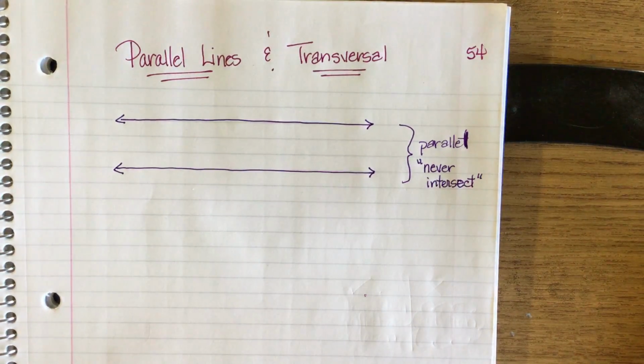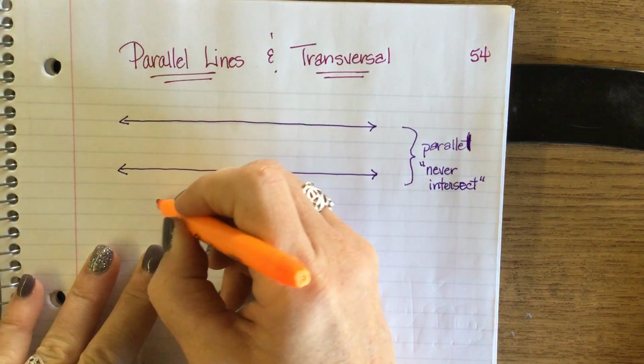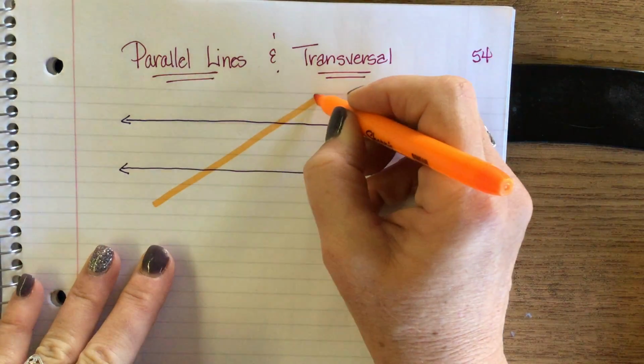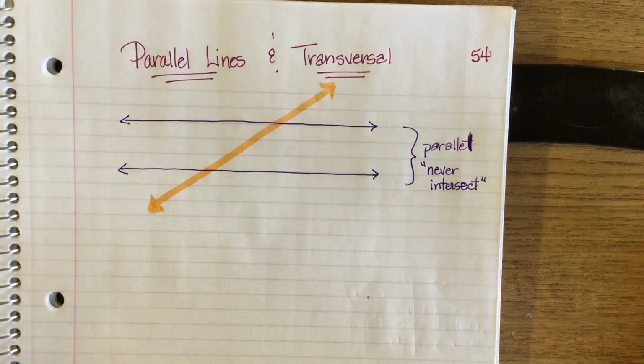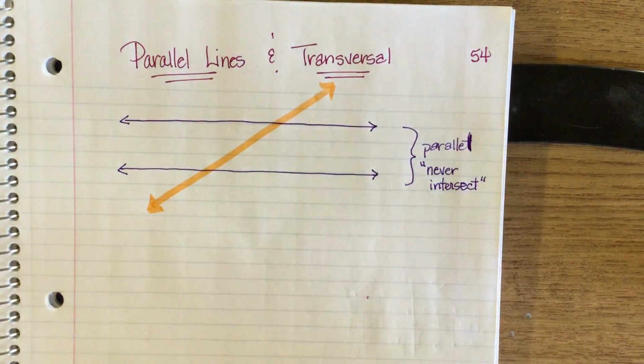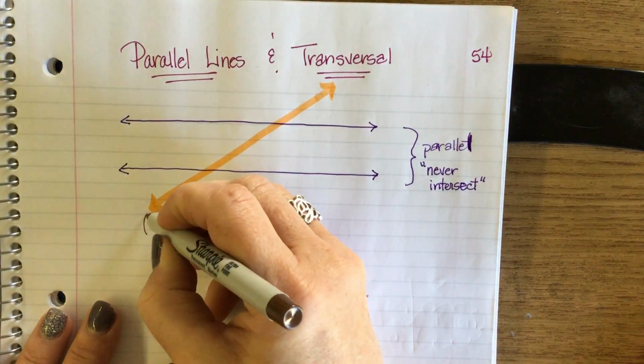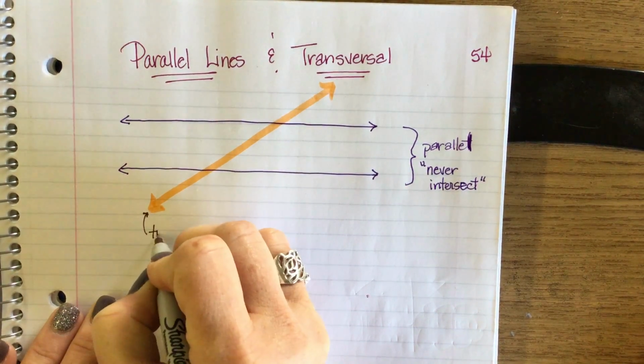All right. Now a transversal is a line that goes right through the middle of them. So that is a transversal.